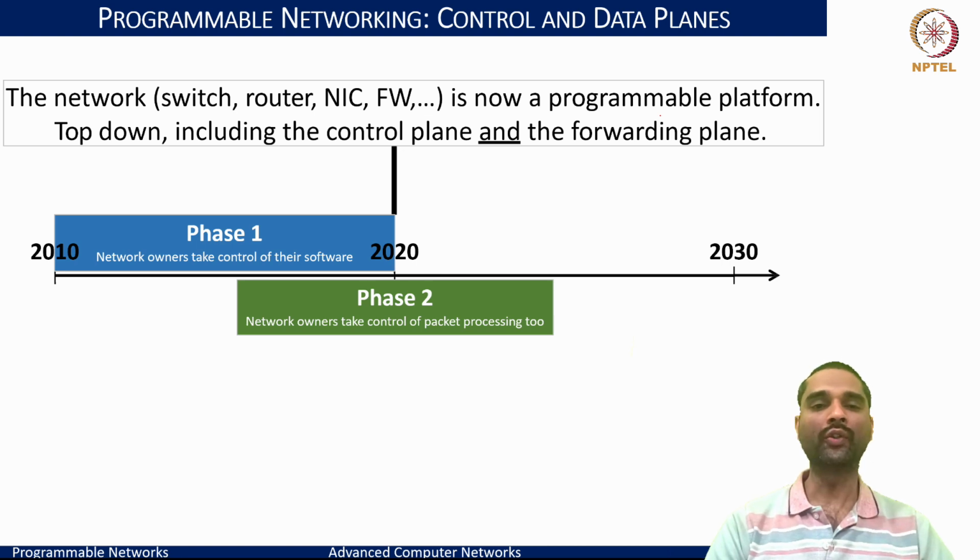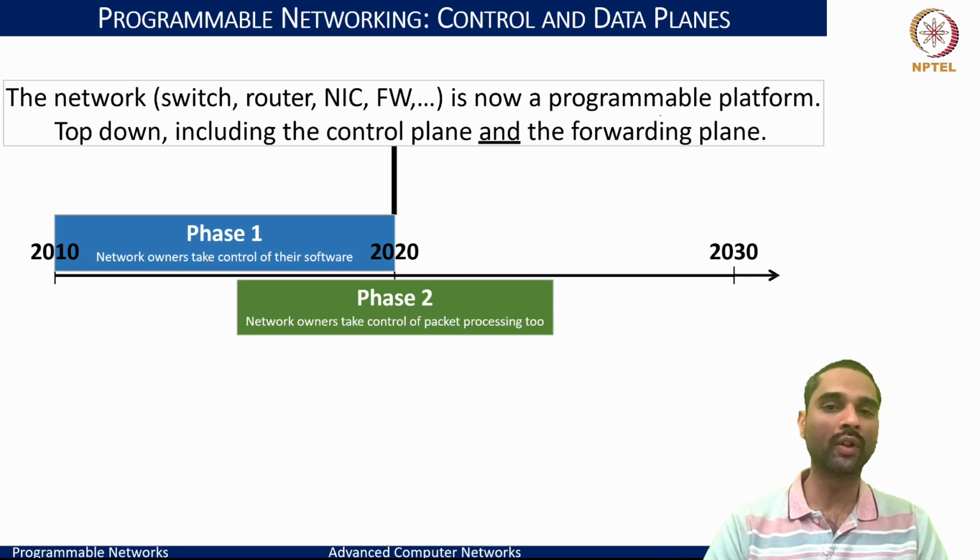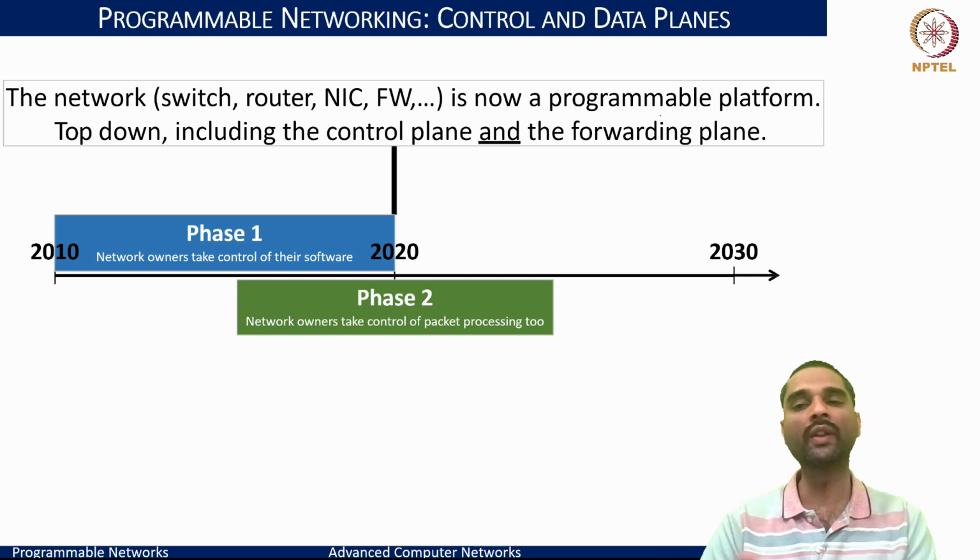In a nutshell, what this would leave us with is a network where elements like the switches, routers, even including our network interface cards that we plug into our host devices, are thought of not just as hardware but as a programmable platform, where we could dictate what kinds of packets our NICs or our switches and routers would look up, what exactly we can make them process, and how both the control and the forwarding planes need to behave on these kinds of devices.